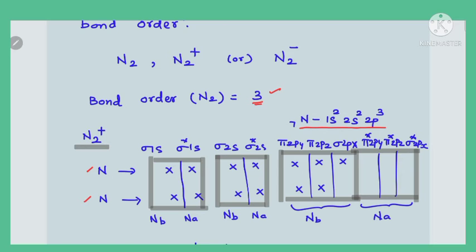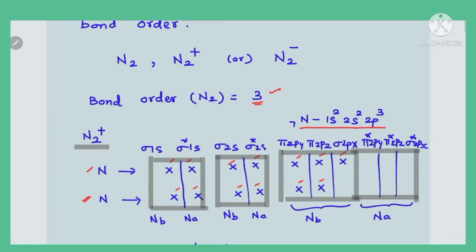Now two nitrogen atoms combine to form the N2 plus ion. The electronic configuration of the first nitrogen with 7 electrons is 1s2, 2s2, 2p3. The second nitrogen atom also has the configuration 1s2, 2s2, 2p3, but since it has N2 plus, it has a unit positive charge, which means it loses one electron. So I remove this electron from the nitrogen atom.